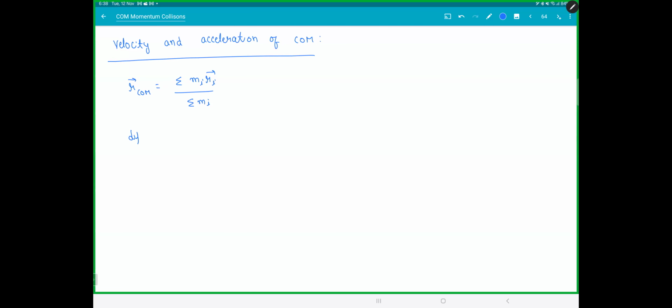Differentiate both sides with respect to time. Then this will become dR by dt, which is nothing but velocity of center of mass, equal to sigma m i, differentiate d r i by dt.